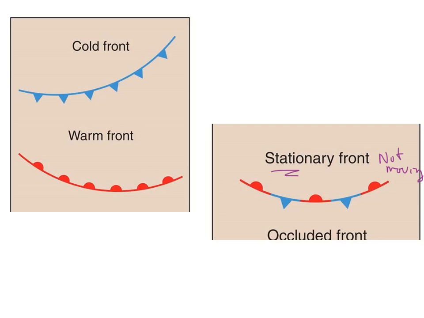For instance, the semicircles look like they're going that way, but it's not moving. Can you see where this is our warm air mass? And then the top is our cold air mass. So it's a standoff.